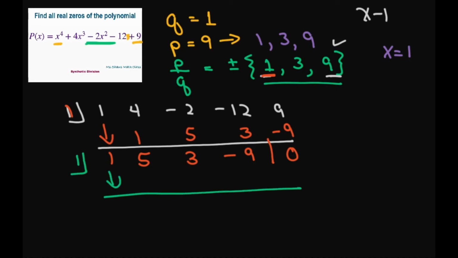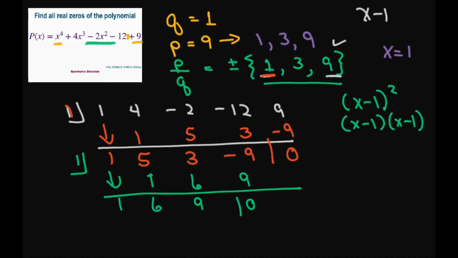So bring down the 1, and multiply and add, multiply and add, multiply and add. And you get 0 again. So we have x equals 1 twice. That means we're going to have x minus 1 squared, since we have 2 of these, x minus 1 times x minus 1.